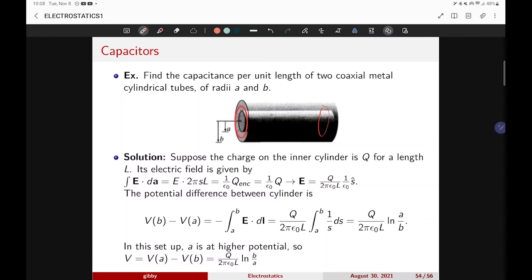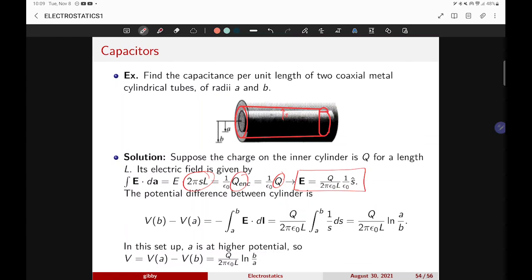So this is the Gaussian surface, and this is distance s, small s. Okay, so 2 pi sL is your surface area of the Gaussian surface. And the Q enclosed is just positive Q, such that the electric field is given by this expression.